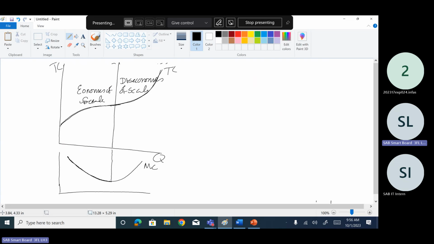But increasing cost, we know with respect to the production function, you may remember we talked about the marginal productivity and the average productivity. The second stage, there the producer maximizes output. So at that point, the marginal productivity is positive.